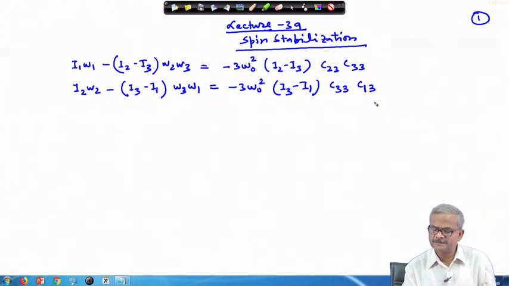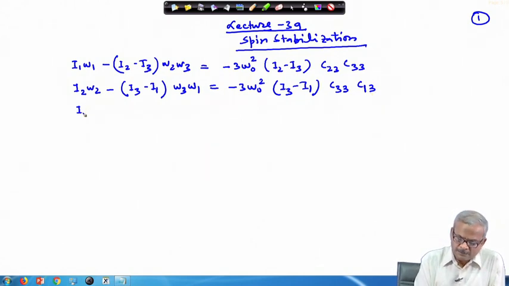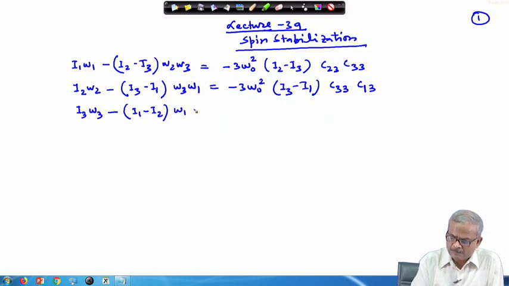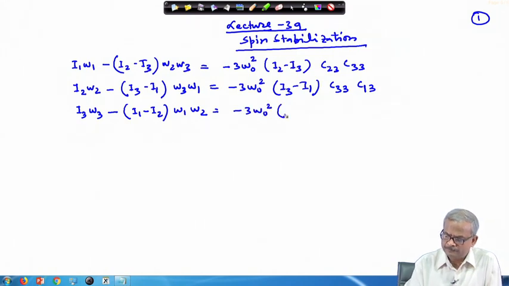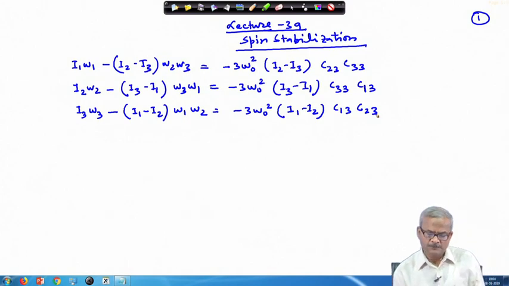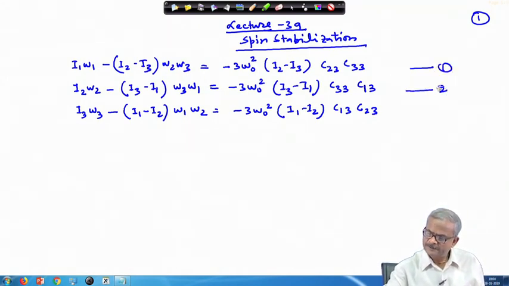If we write it like this, we do not need to remember much. Any time you can reproduce this equation. So, these are the three Euler equations we have.